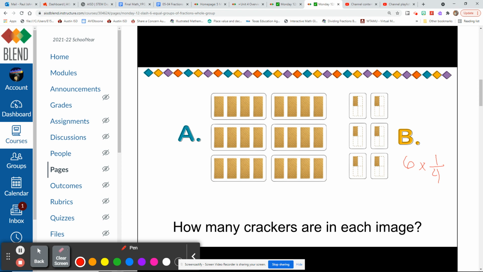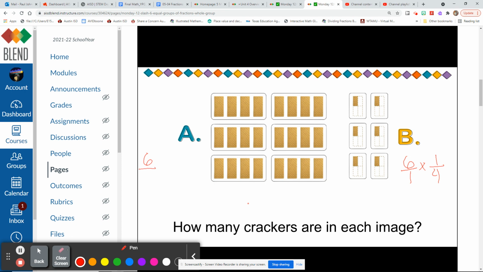Now, all we have to do is turn our whole number into a fraction. We can do that really easily by adding a number to the bottom as a denominator. So which number can we turn a whole number into a fraction with? Think about division. 6 divided by 1 is 6. So 6 over 1 is the same thing as 6.